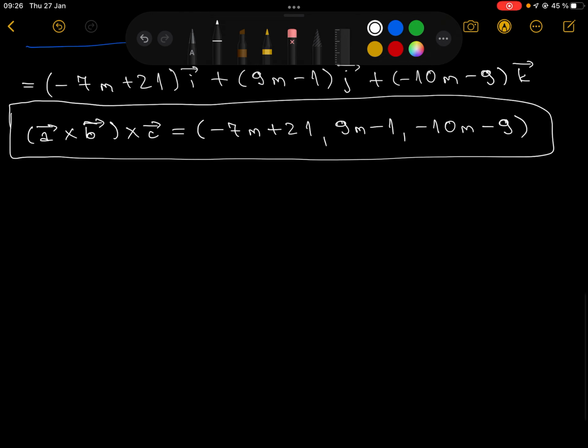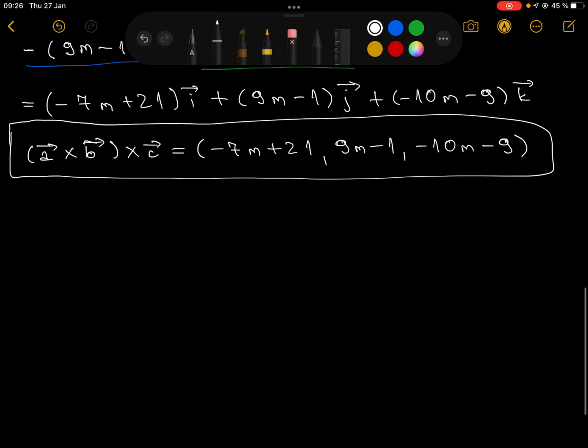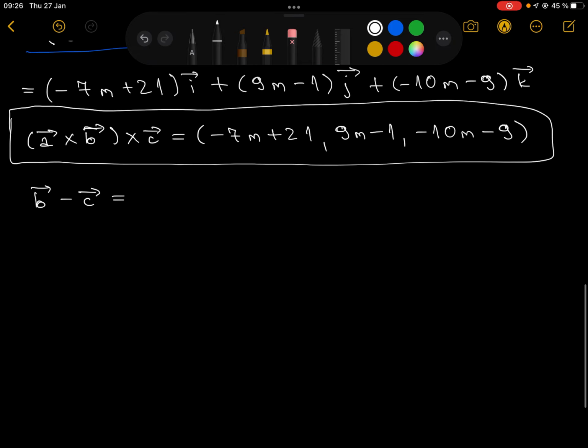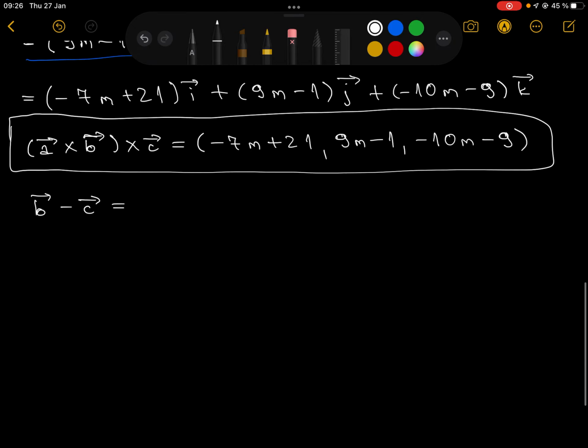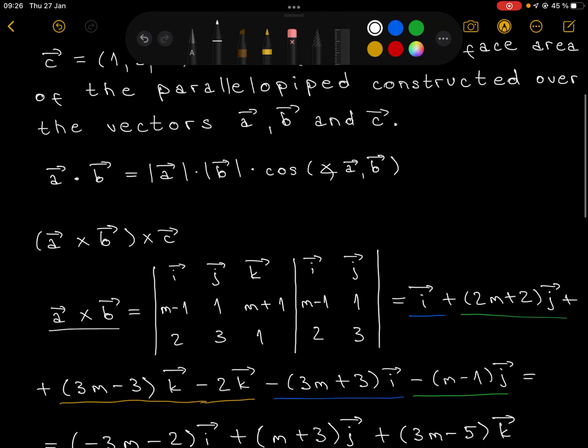Now we also have to calculate the vector b minus c, which is exactly the same as subtracting their coordinates.